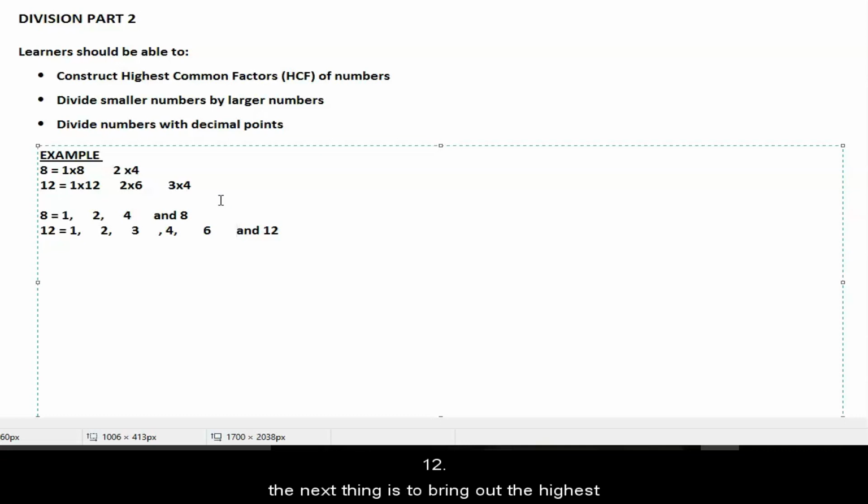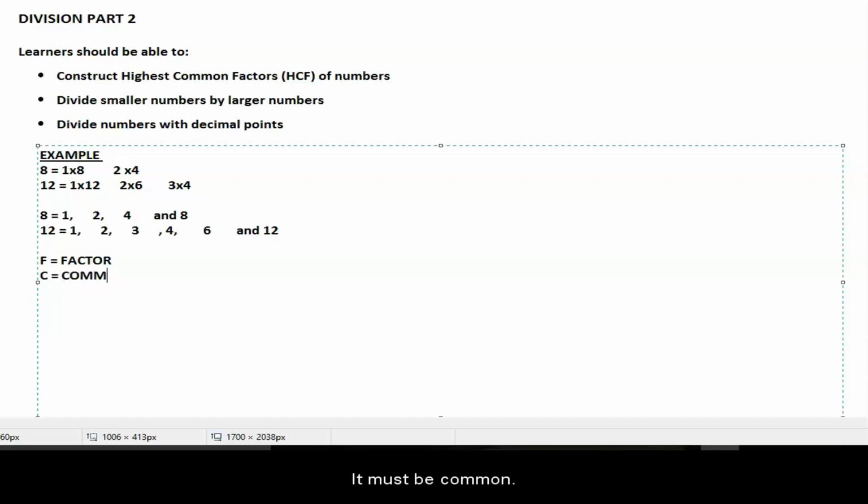The next thing is to bring out the highest common factor from the list. The highest common factor must have 3 basic characteristics. Let me begin from the ground up. It must be a factor. It must be common.